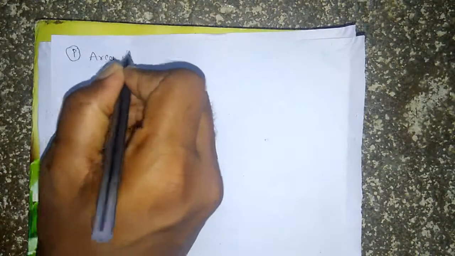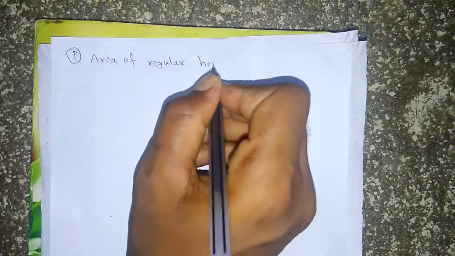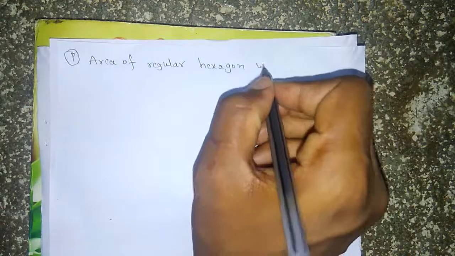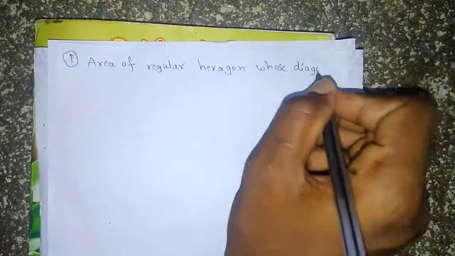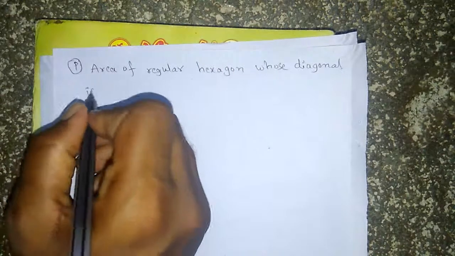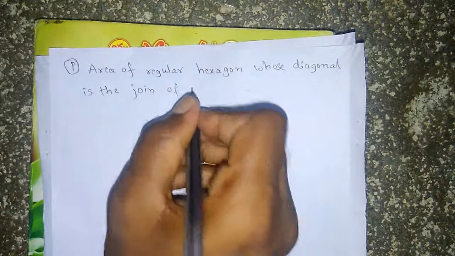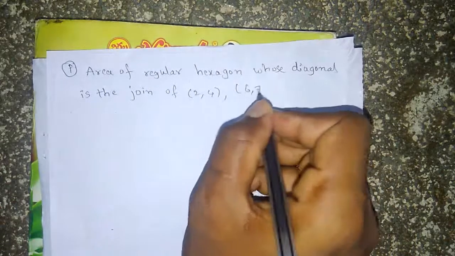Next problem is area of regular hexagon whose diagonal is the join of 2 comma 4 and 6 comma 7.